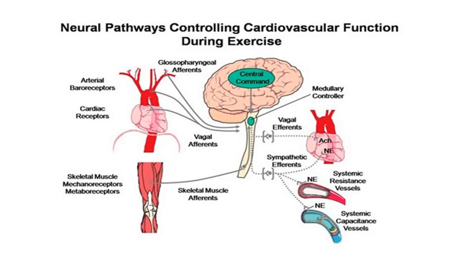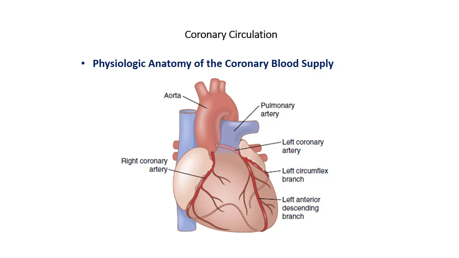So this is the effect of a neuronal pathway controlling cardiovascular function when a human is going to do an exercise. So we know the importance of heart rate or cardiac output.